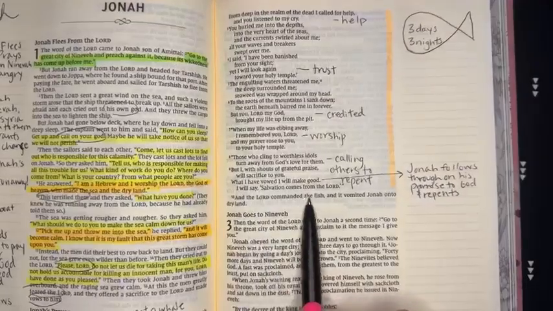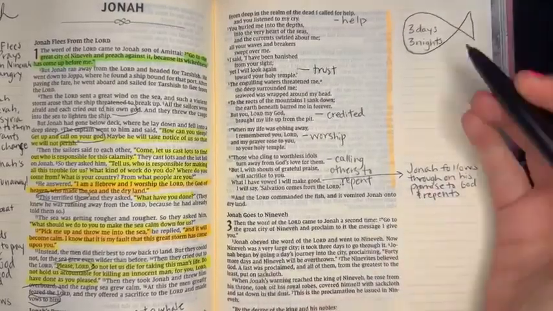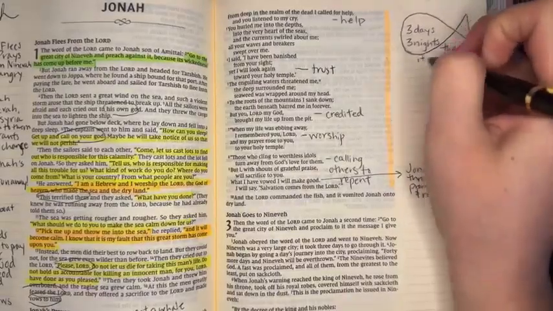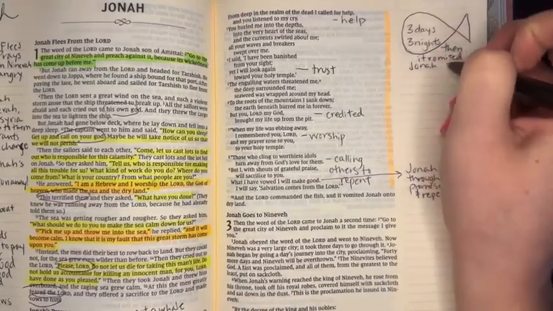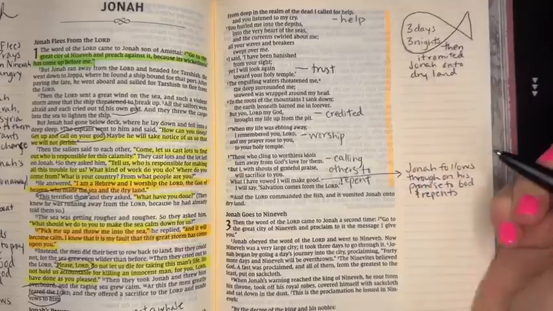Then the Lord commanded the fish, and it vomited Jonah onto the dry land. So I'm going to write, then it vomited Jonah onto dry land.